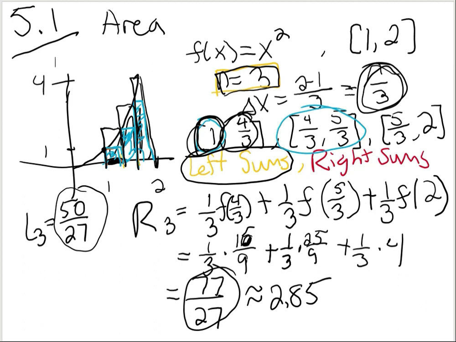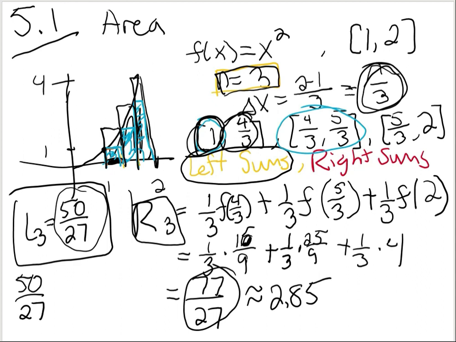And because this one was an under approximation and this one was an over approximation, we know that if I call the true area A, it's going to lie somewhere in between those. Somewhere around 2-ish.